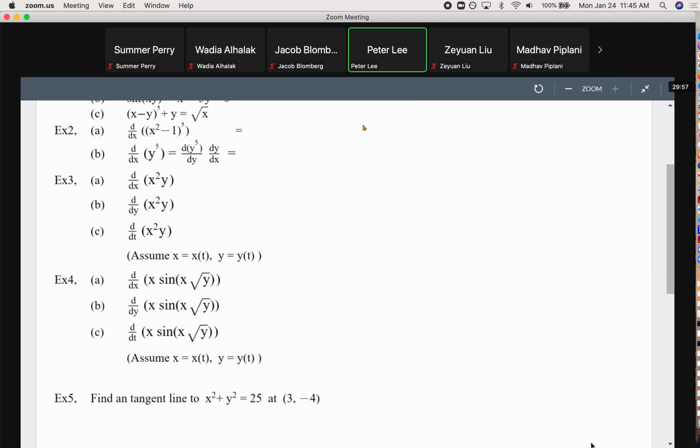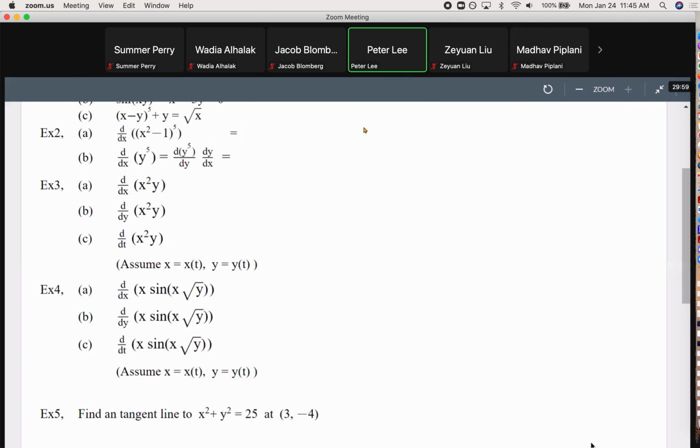So here, I'm going to slow down a step. This is now going to be d/dx of x squared, times y. So I'm applying the product rule: d/dx of x squared is f prime, times g, which is y.